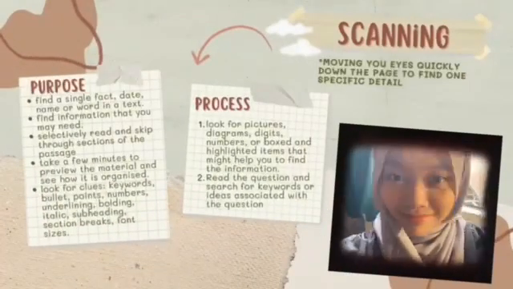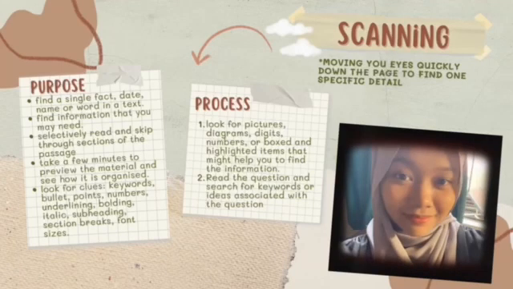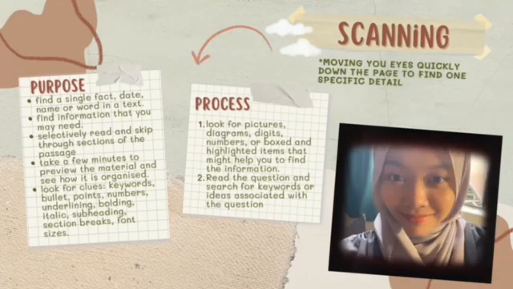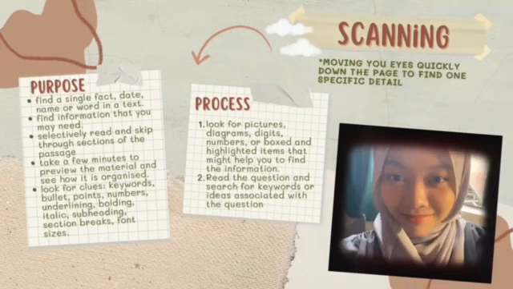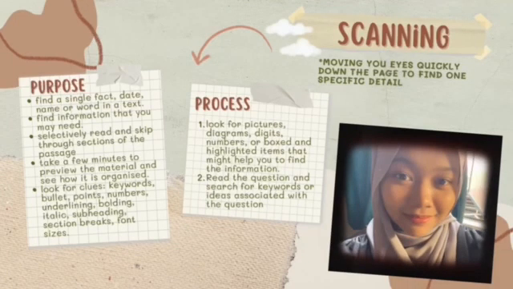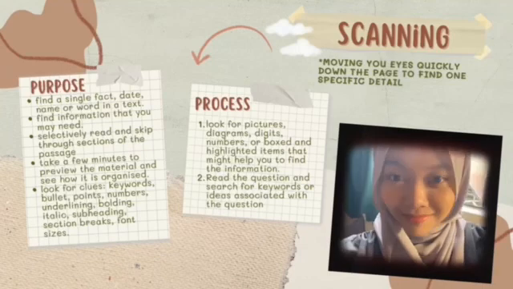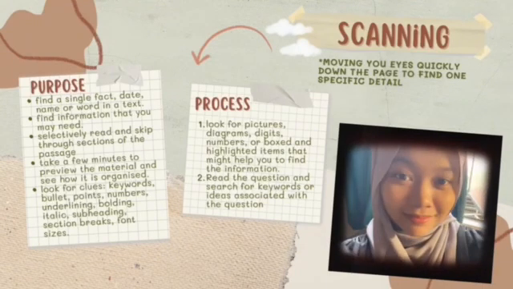Now, I will explain about scanning. Scanning is a reading technique that helps us find specific details quickly by moving our eyes down the page without reading everything. First, under purpose. Scanning is useful when we need to find a single fact, name, date, or specific word in a text. It also helps in locating information efficiently without reading every word.